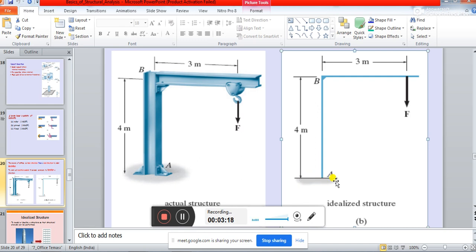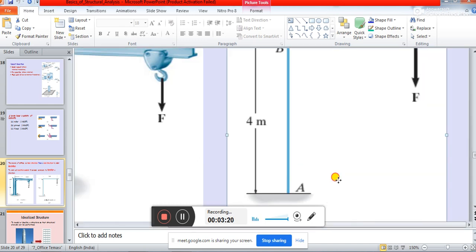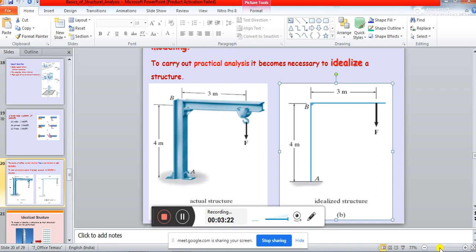On the other hand, when there is a beam coming over here, the load will be idealized to act just from this point. So this is actually your idealization, and this is actually your modeling.